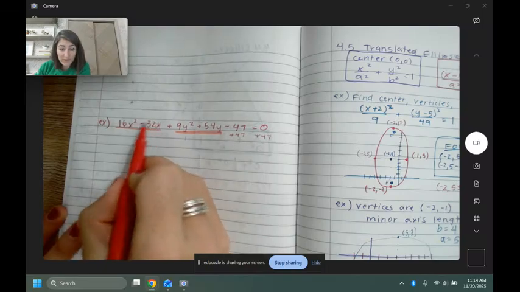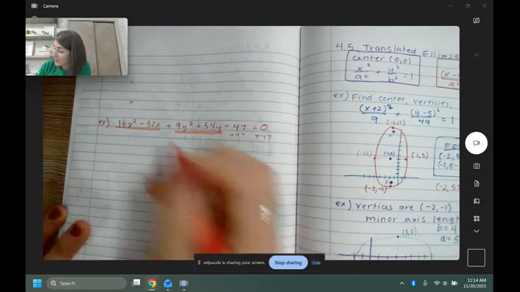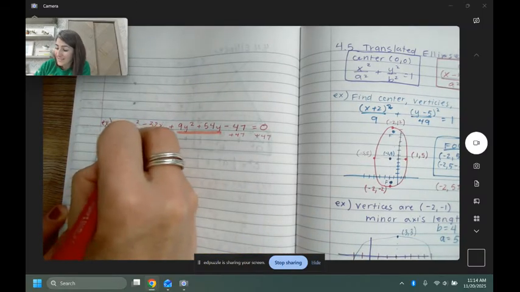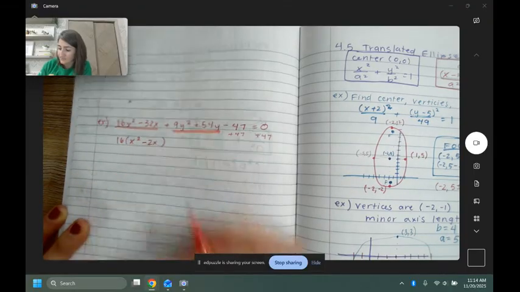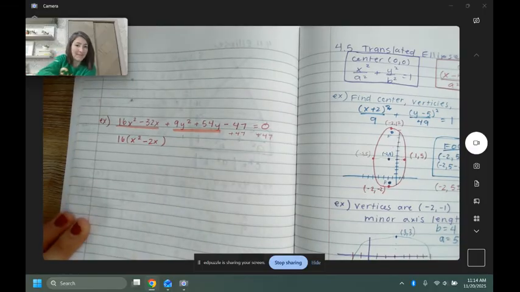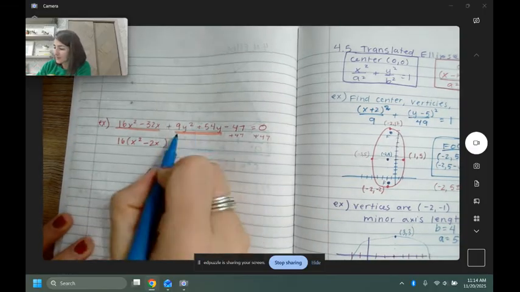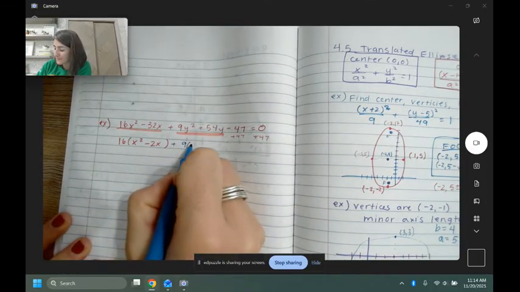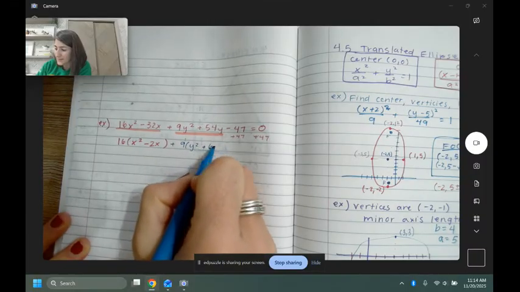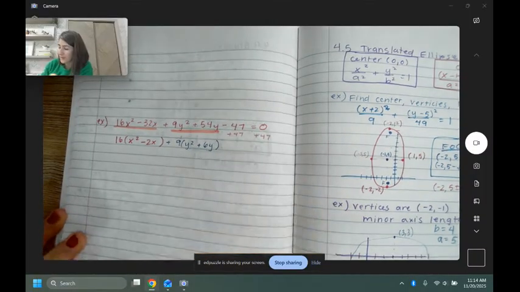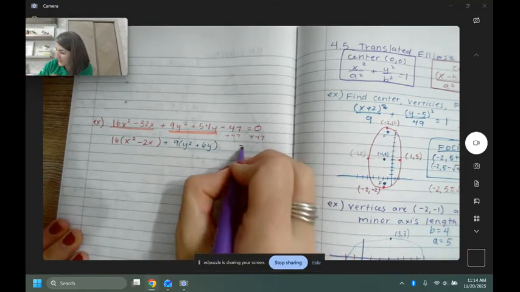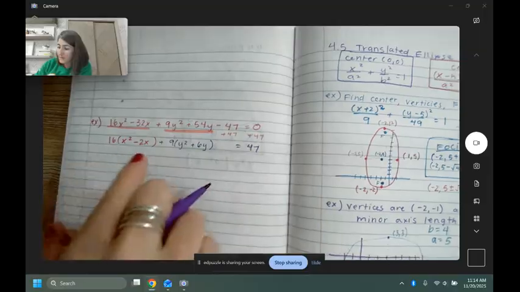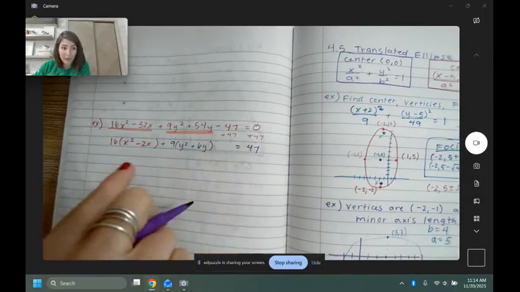Both of these two, the greatest common factor is 16. I'm left with x squared minus 2x. Plus, the number that these two have in common is 9. I'm left with y squared plus 6y equals 47.